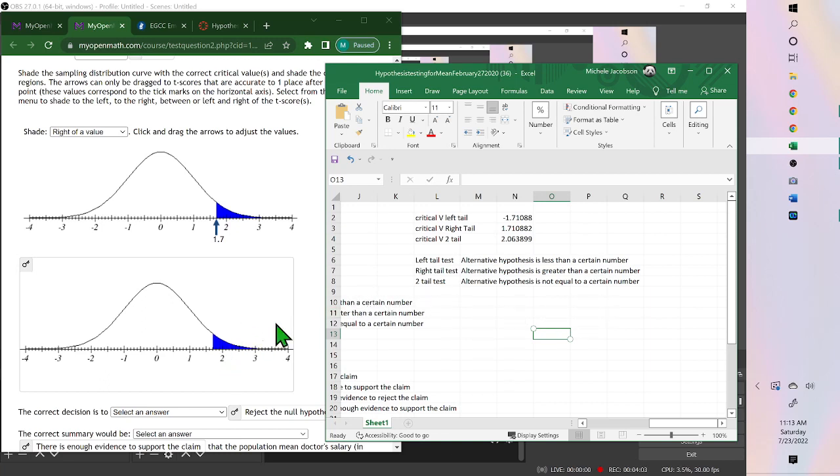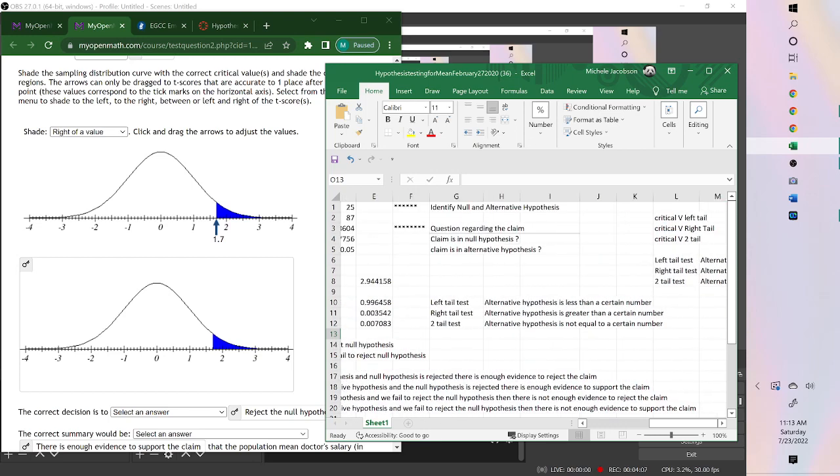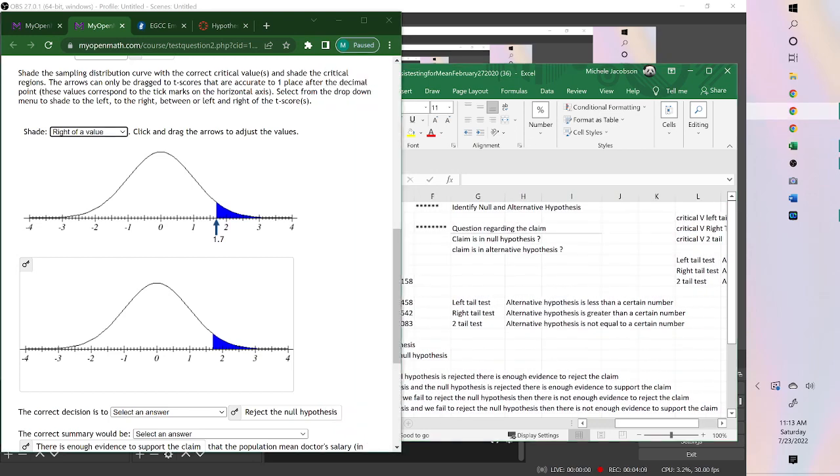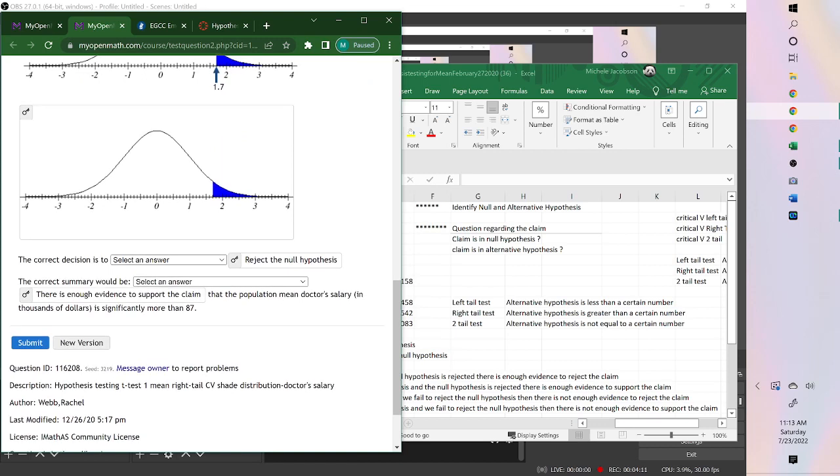And since it's not greater than, we reject. If we reject, there is enough evidence to support the claim that it is significantly more than.